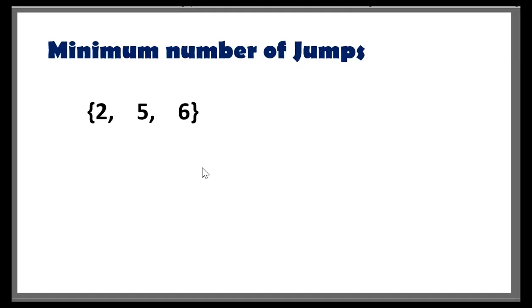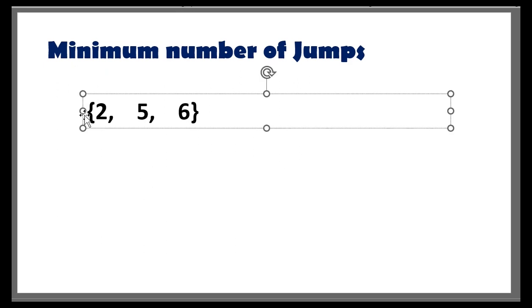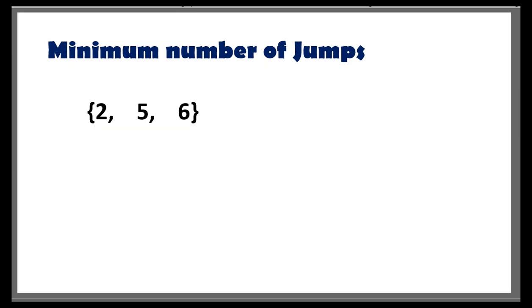For understanding, first let's consider this array which has 3 elements, 2, 5 and 6. When we are at 2, we can either move to 5 or 6. Or let's say we have more elements after that. From 2 we can move to 5 and then from 5 we can jump to the last element.